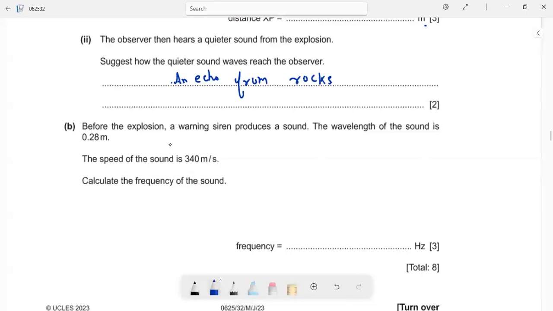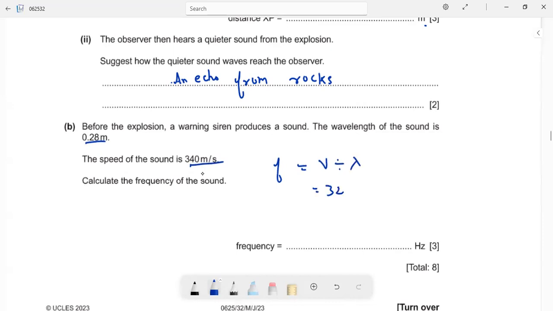Before the explosion, a warning siren produces a sound. The wavelength of the sound is 0.28 meter. The speed of the sound is 340 meters per second. Calculate the frequency. Frequency is the speed of the sound divided by wavelength.